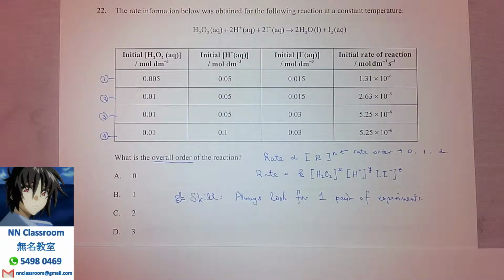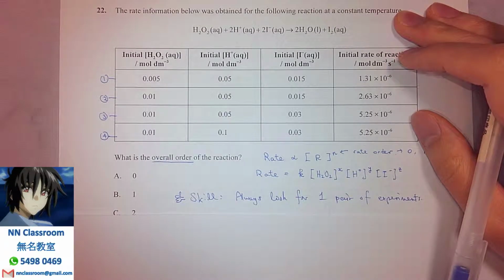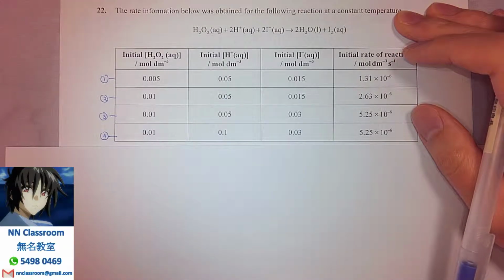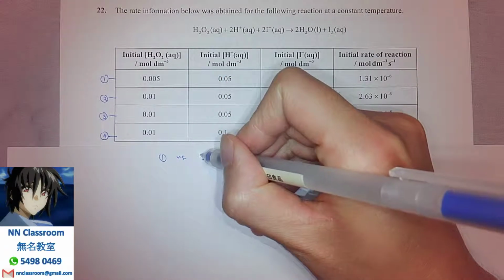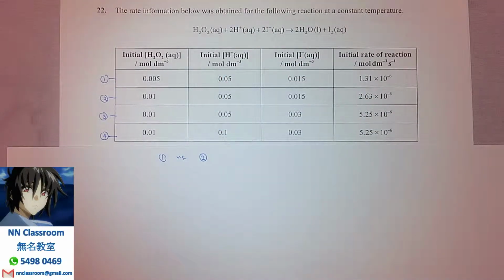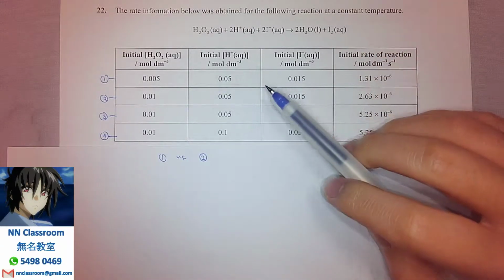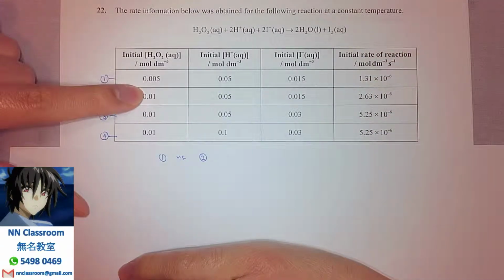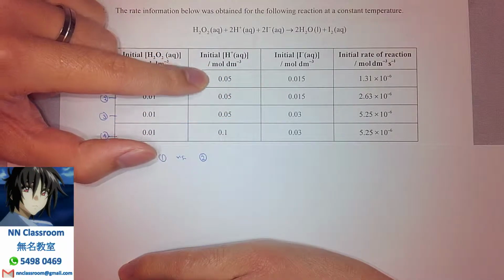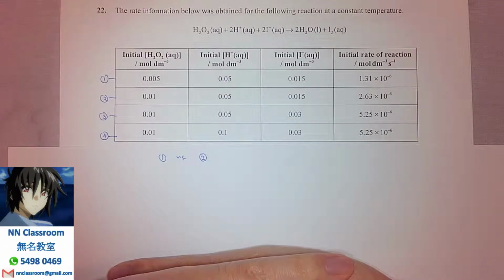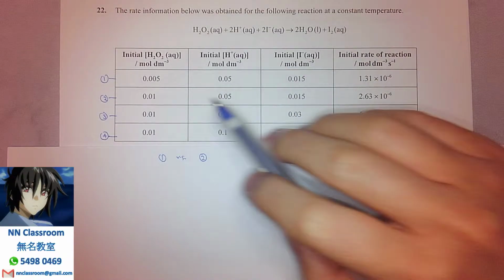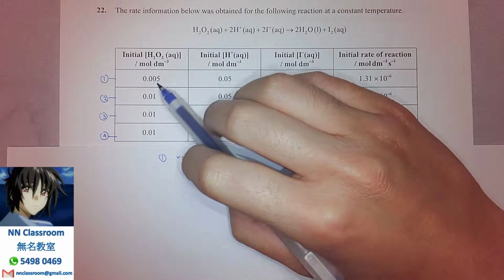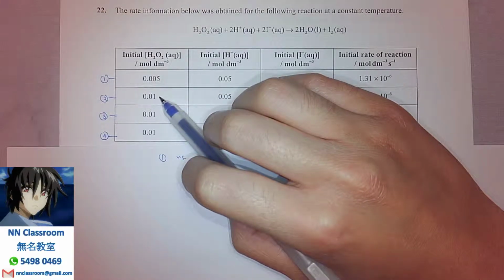So at the very beginning, which pair would I choose? If you copy down, I just mark it: I would compare experiment 1 versus 2. By comparing experiment 1 versus 2, the concentration of H2O2 is being doubled, but at the same time H+ and iodide are not having any concentration change. That means any rate change must be due to the increase in the concentration of H2O2.